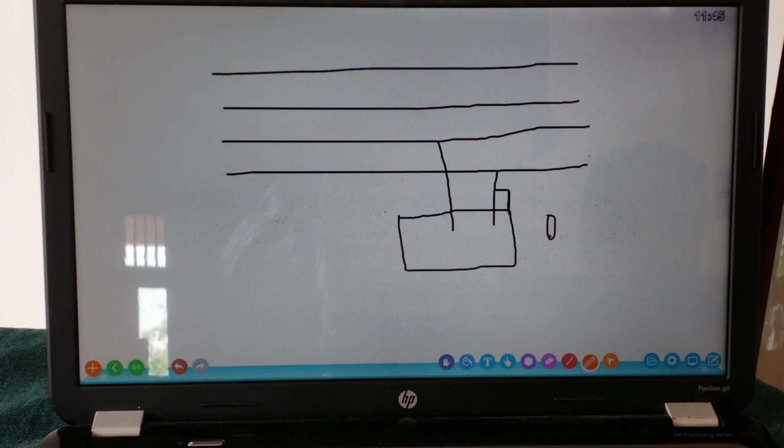Then what happens? If a person touches and live got earth, what happened? Current goes to the metallic part.